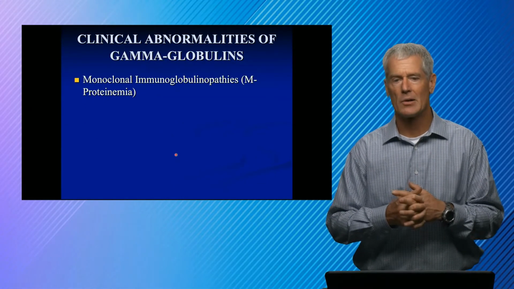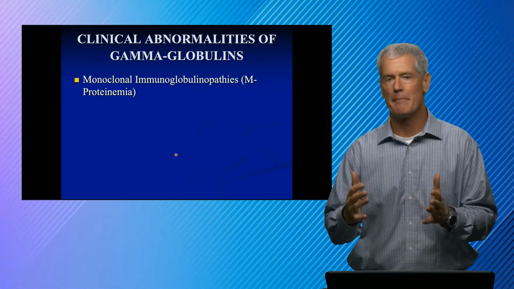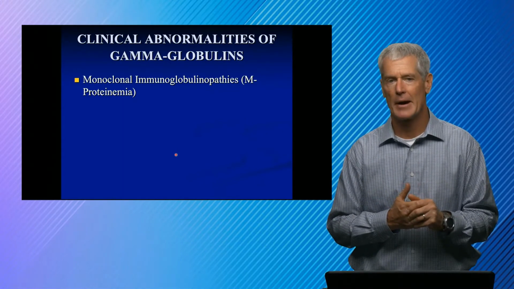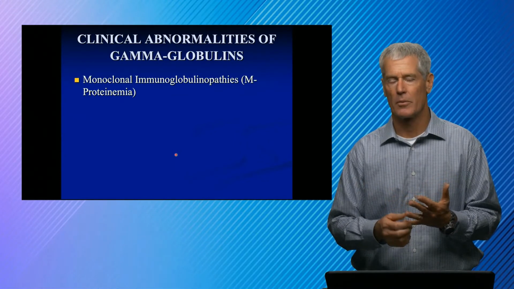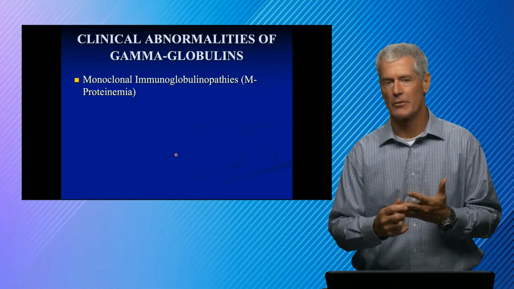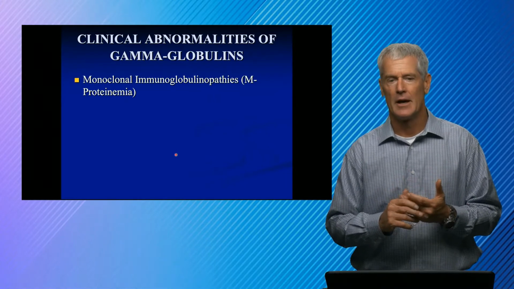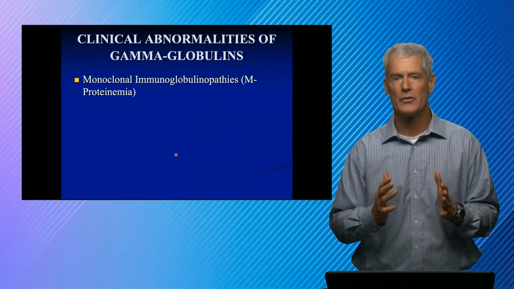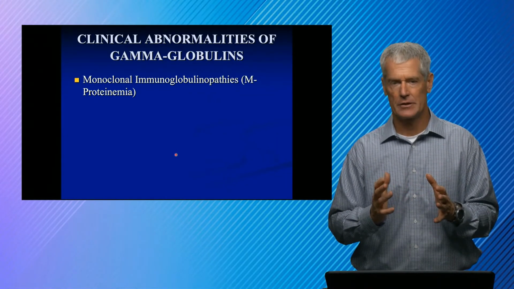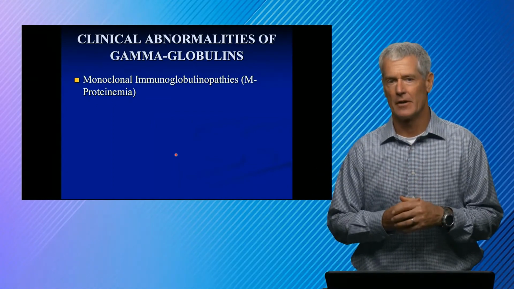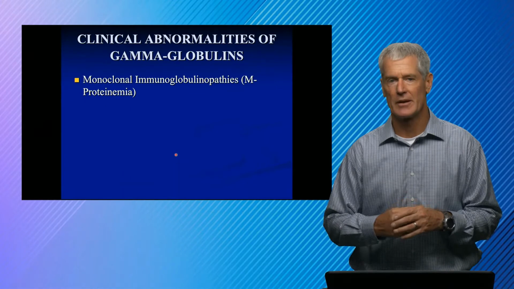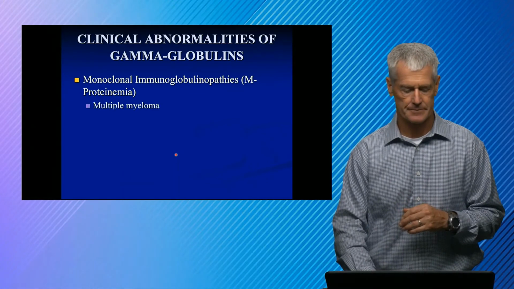So monoclonal immunoglobulins, we call them M proteins. Some people call them paraproteins. Those are all the same thing. So a monoclonal protein, an M protein, and a paraprotein, or sometimes P protein, those are all the same thing. It's one cell line that's cancerous and has taken over and jacked up the amount of immunoglobulins from that specific B cell.